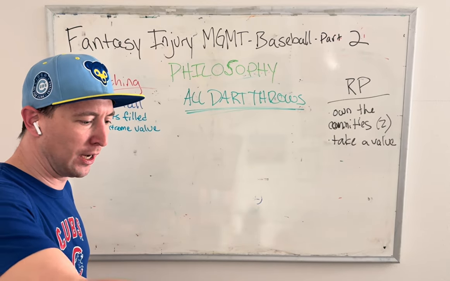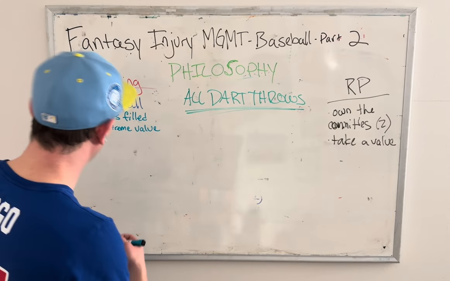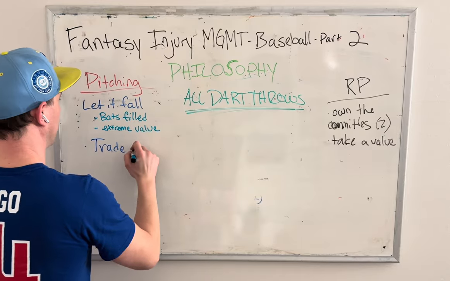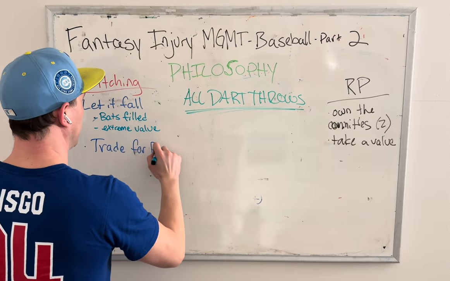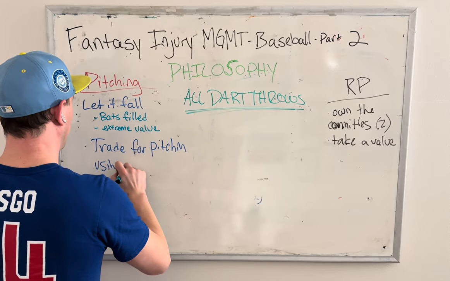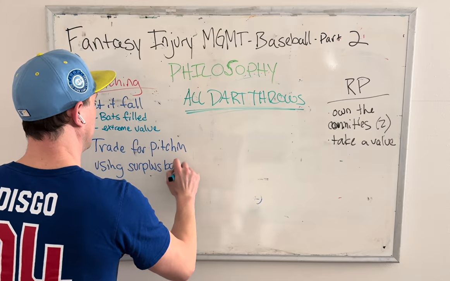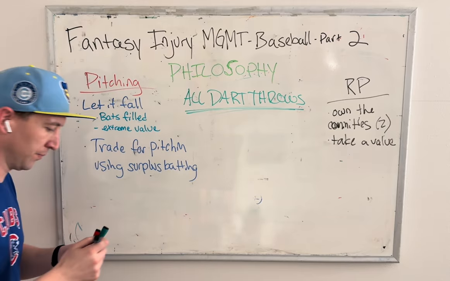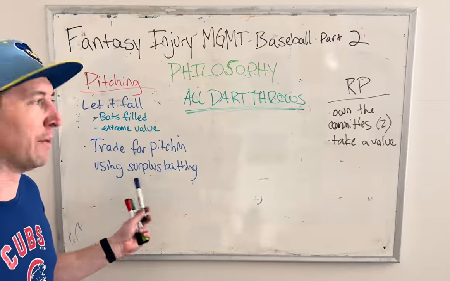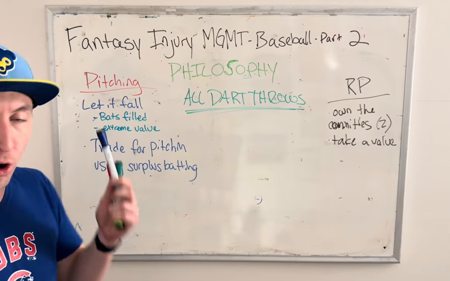Another thing is in-season management for pitching. You want to trade for pitching using your surplus batting. You want to see how it shakes out until about end of May, June, and you want to use your surplus of batting.